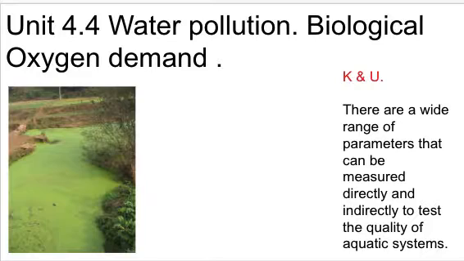One of the big ones that we look at is biological oxygen demand. Biological oxygen demand does just that. It measures the amount of oxygen the organisms within that water sample would consume. The way that you do this is you carefully take a sample of water, you measure its oxygen levels, then you put it in a dark place.